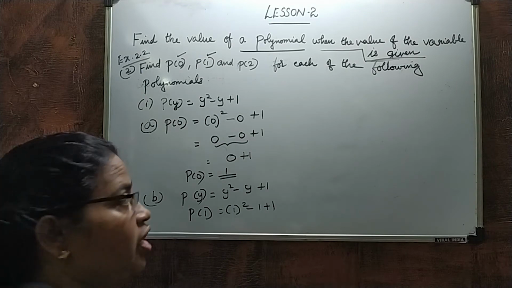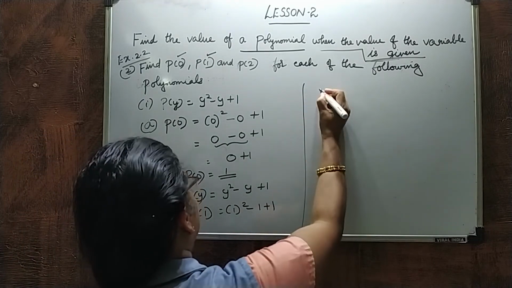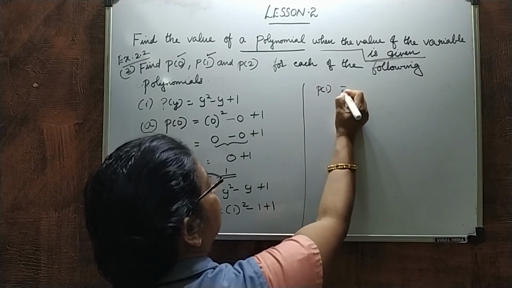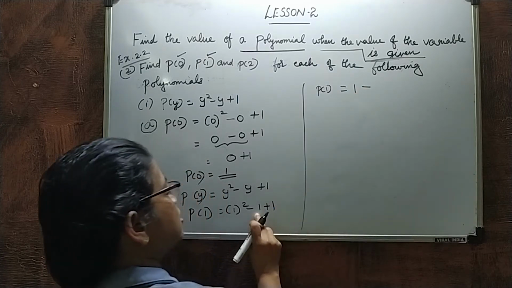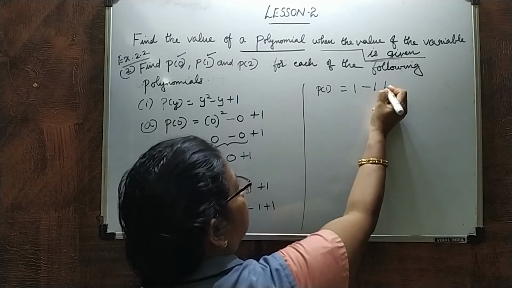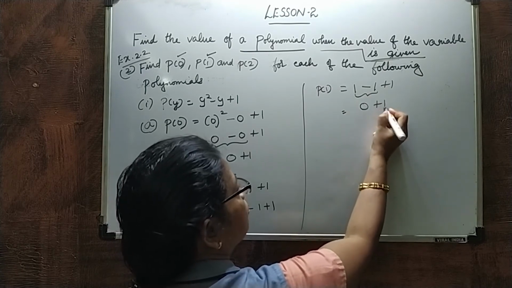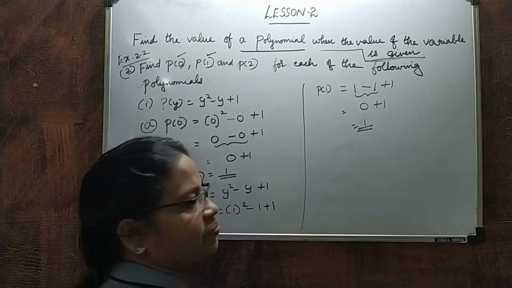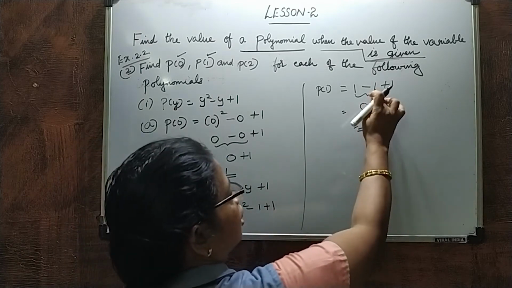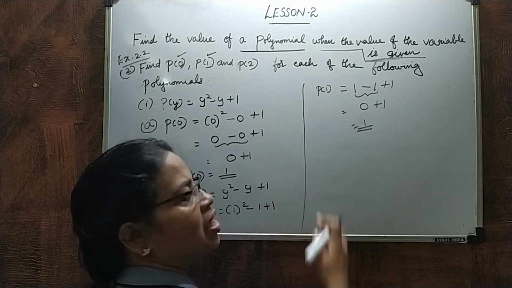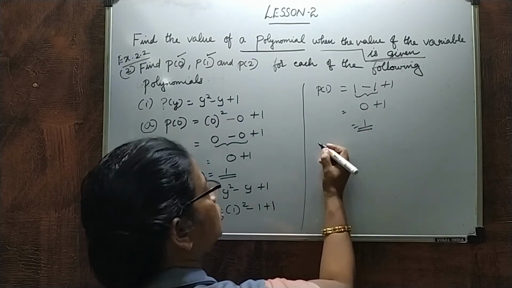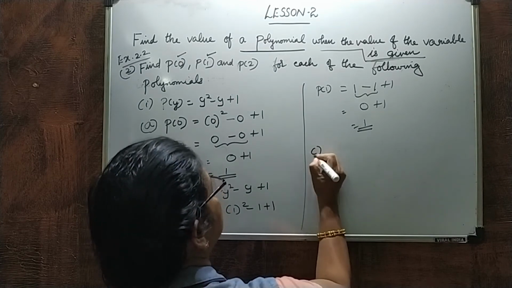What is 1 square? It is 1 into 1, that means 1 itself. 1 minus 1 plus 1. What is minus 1 plus 1? It is 0 plus 1. You will get the answer 1. If you just do from here, minus 1 and plus 1 cancel, what is the balance? 1 is also there.